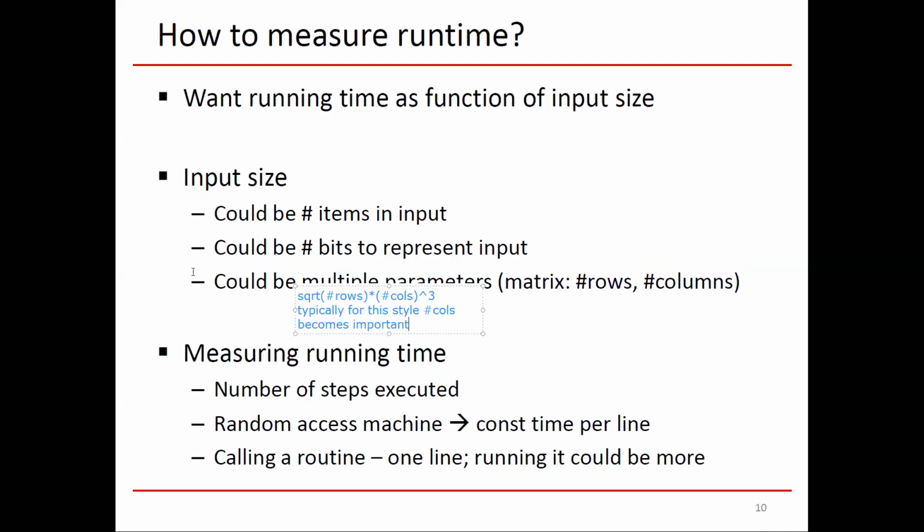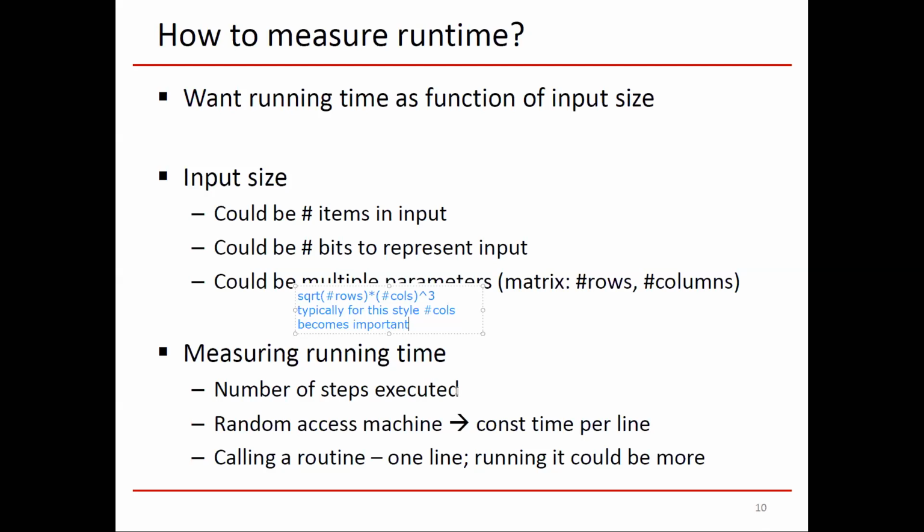And finally, how do we measure runtime? We could just count the number of steps executed. And this actually makes sense if we have pseudocode. It's not formal code in some programming language, but just in words, we write what we're doing line by line.